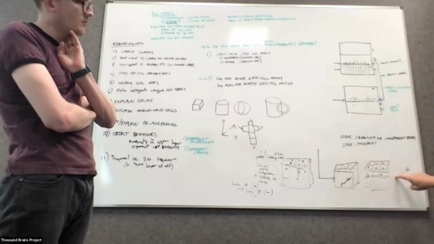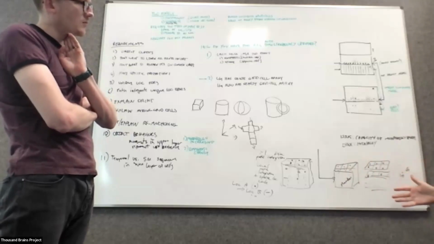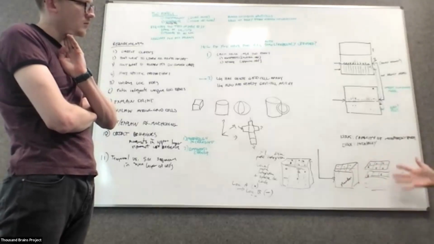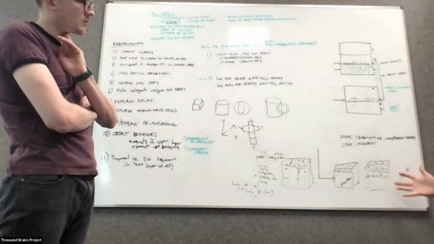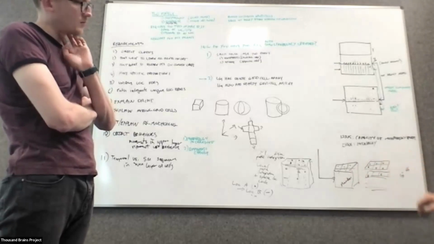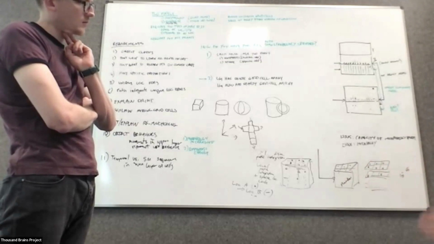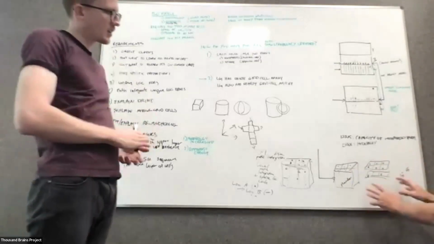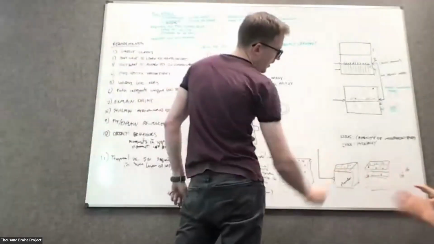But this would make it work and could fit the biology. It's the only way I can imagine how it fits the biology, but at least it gives me a way to say, yes, I have a unique SDR and a less unique SDR, a less unique representation of location. So I'm just happy with that. I don't need to worry at the moment too much exactly how it comes about, because I just have a possibility.